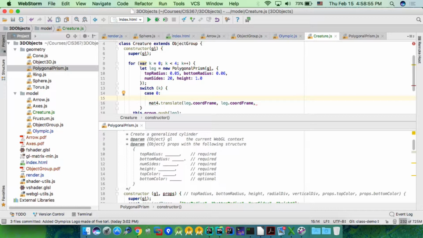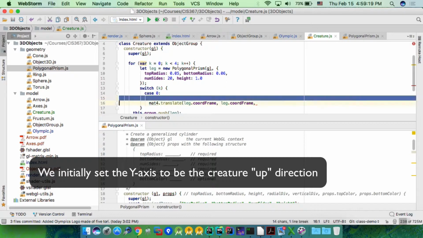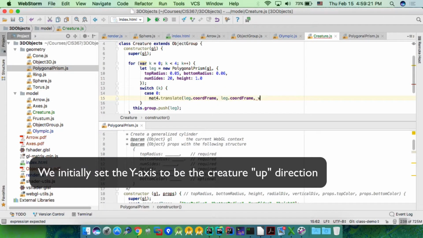It will be on the XZ plane, right? Because the y-axis is pointing to the sky, right? So the translation will be along the XZ plane.